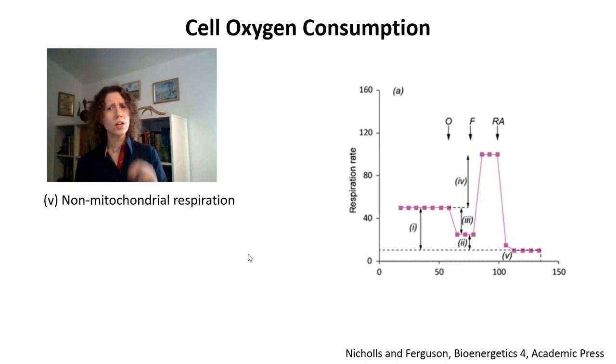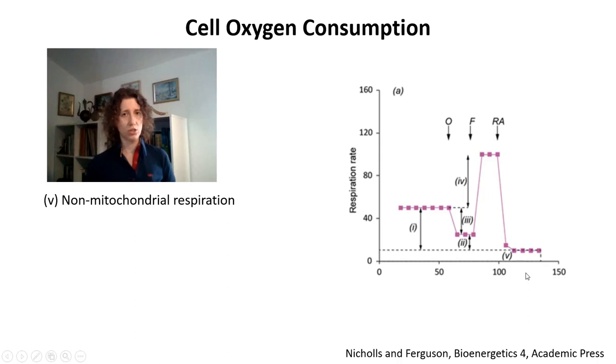So let's look at the different values you get from this experiment. First of all, after adding rotenone and antimycin, you don't have mitochondrial oxygen consumption anymore. You inhibited complex 1 and complex 3. So oxygen consumption, electron transport is totally inhibited. If it's totally inhibited, the residual oxygen consumption that still happens here is non-mitochondrial oxygen consumption.